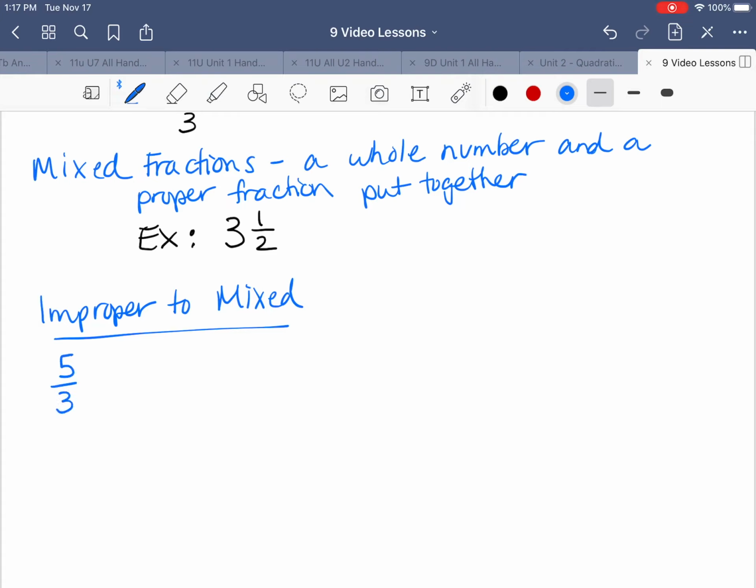And that's an improper fraction, and we want to make it a mixed fraction. What we want to do is take our numerator, which is 5, and divide it by the denominator, and then see how many times in its entirety it can go into that number. So 3 goes into 5 one time, and then we have 2 left over.